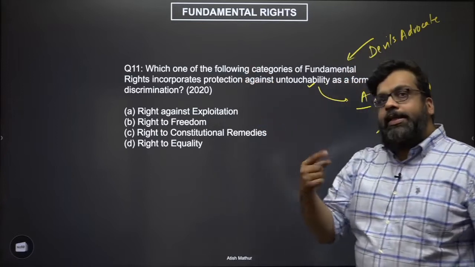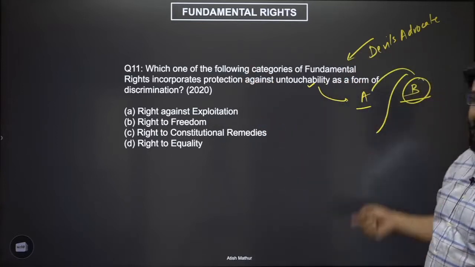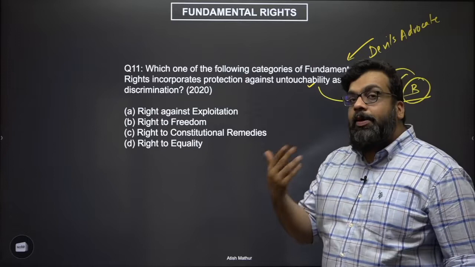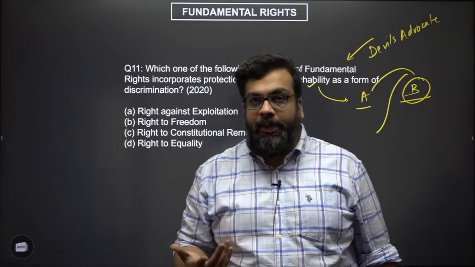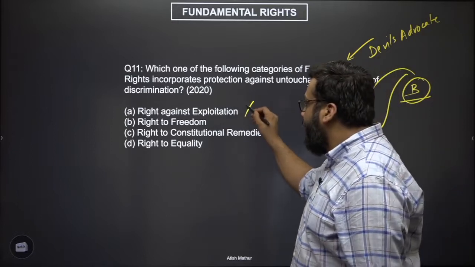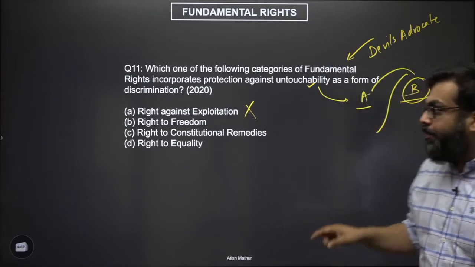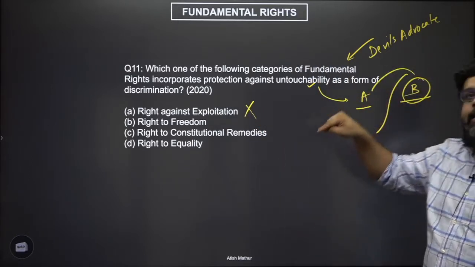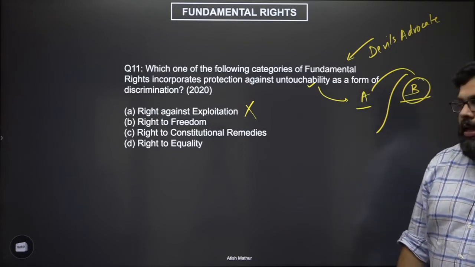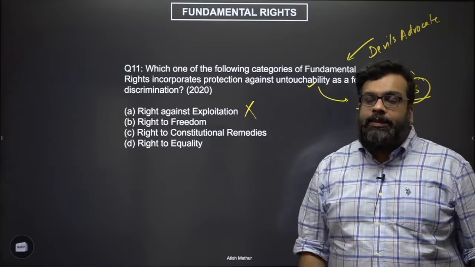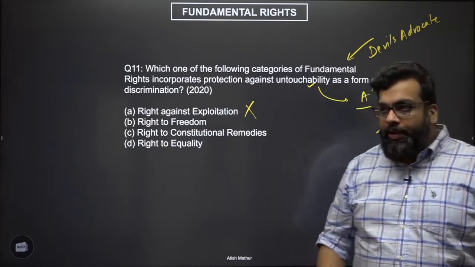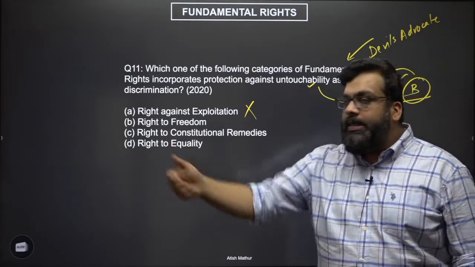Are you necessarily exploiting B? No, because exploitation talks about wrongful labor, talks about child employment. Are you forcing B to sit there? No. Are you forcing B to do what you're telling the person B to do? No. Are you violating B's interests?